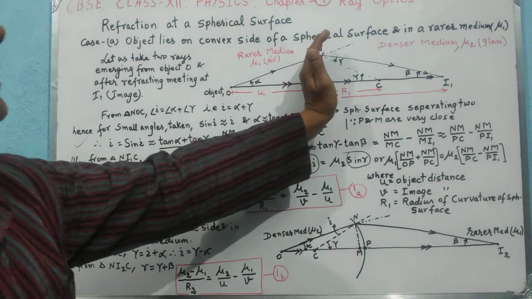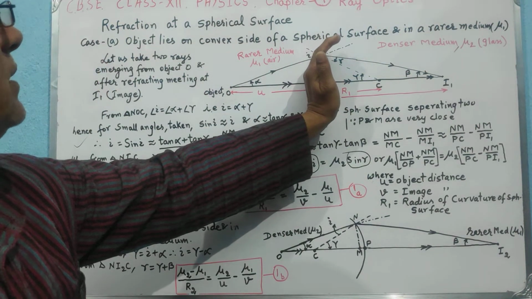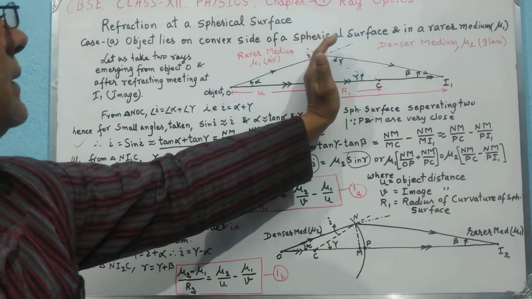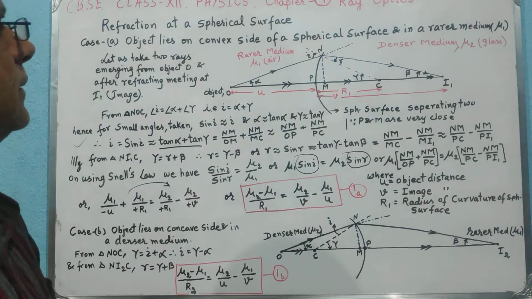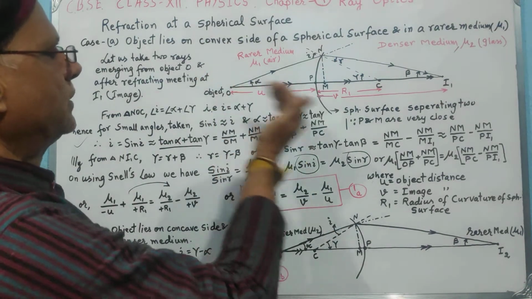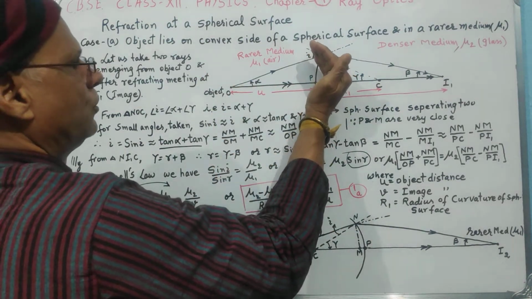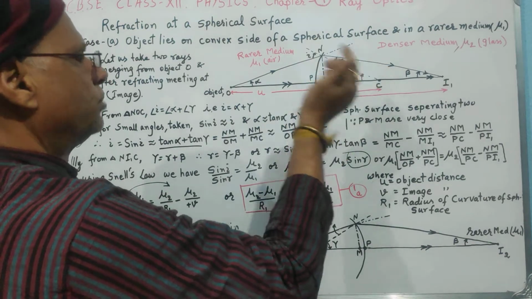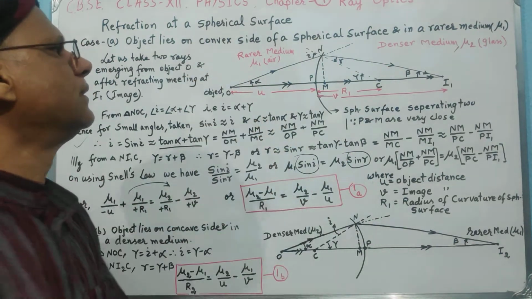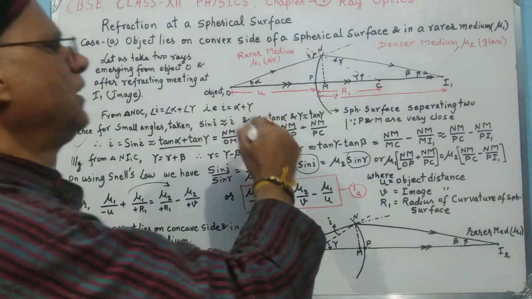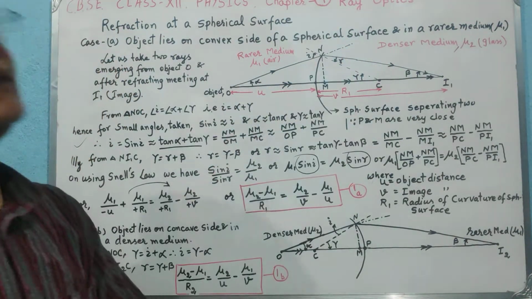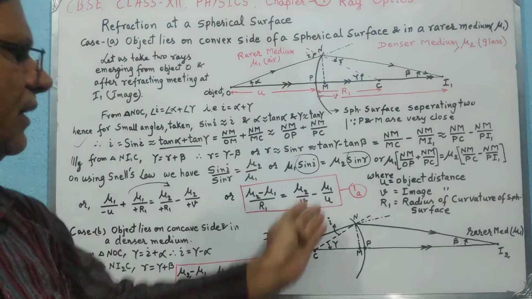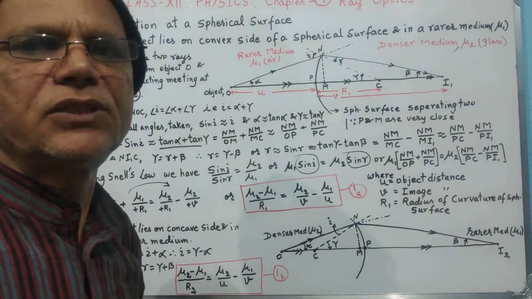If it is curved in this way, convex on the object side, we got this expression. Even if the surface is concave on the object side, provided the body remains in the rarer medium, you will get the same expression. Try this as homework and verify the statement which I have just stated.